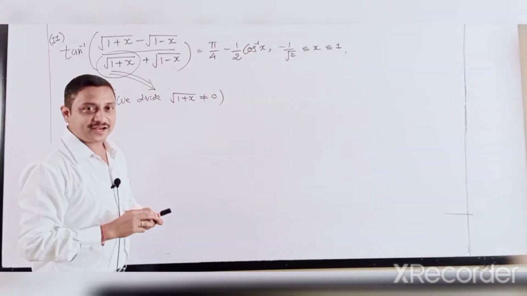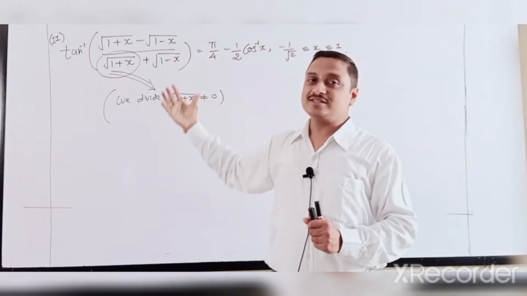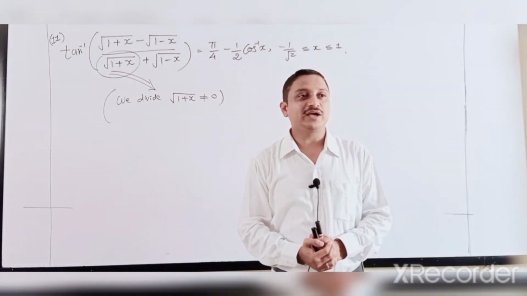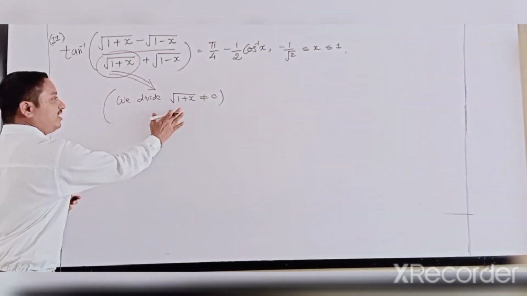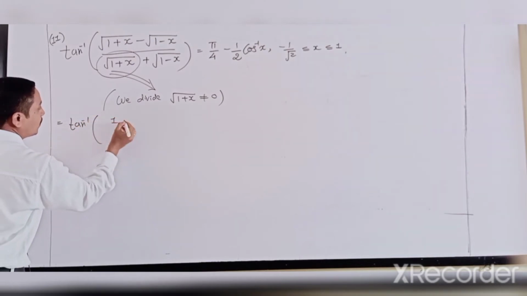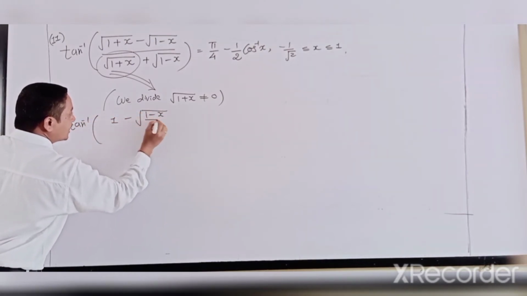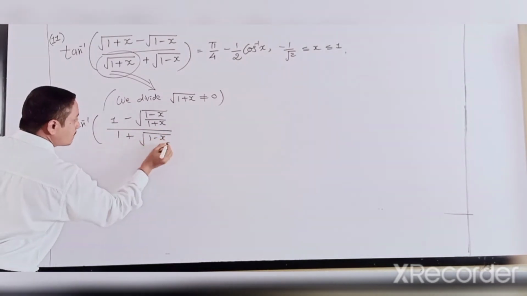You know why it is divided? Yes, it is converting to the tan inverse basic formula (x minus y) upon (1 plus xy). So students, if I divide it, definitely I am getting 1 here, that's it. Similarly 1, that's it.